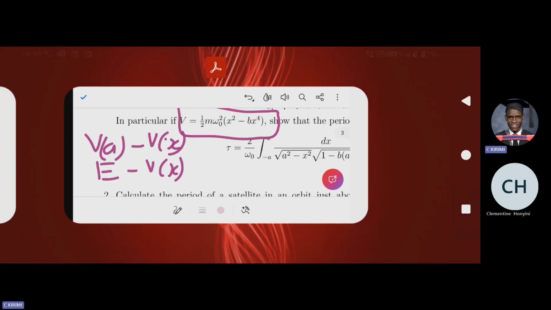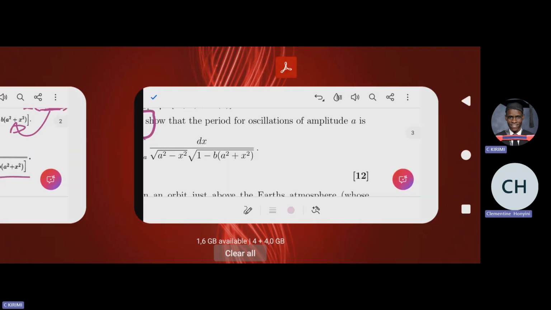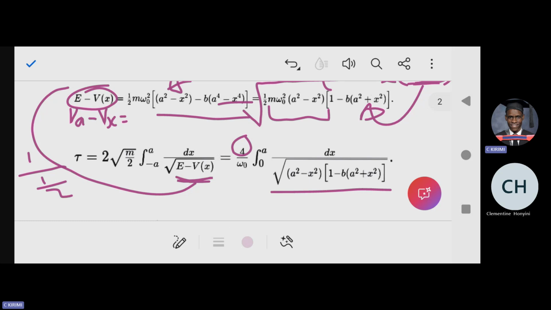So e minus v of x, that's where we found this value, which is under the square root sign.